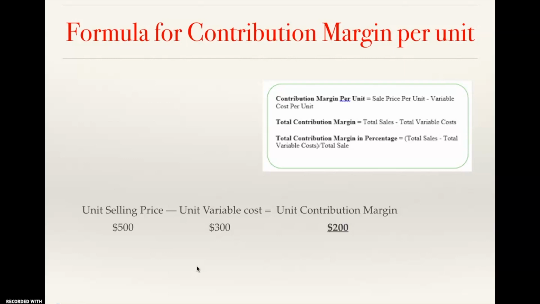So in the last problem, we had $500 for sales and $300 for variable. The contribution margin is then available to cover fixed costs and to contribute income for the company. The formula for contribution margin per unit is shown here.